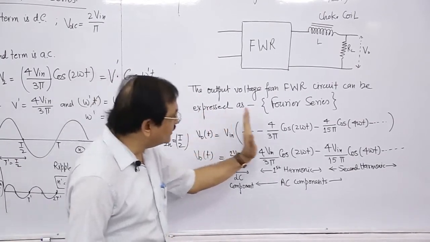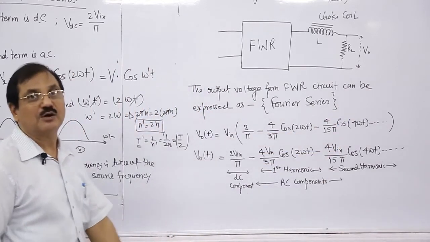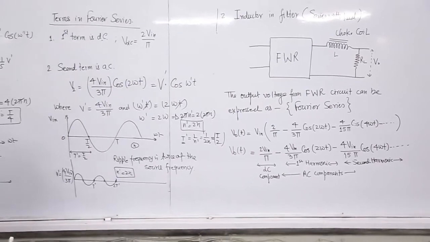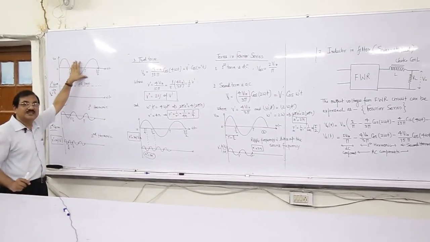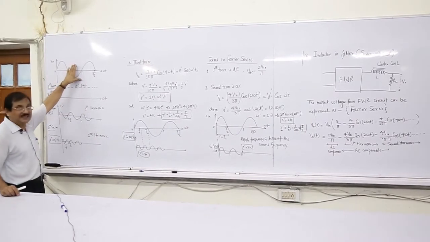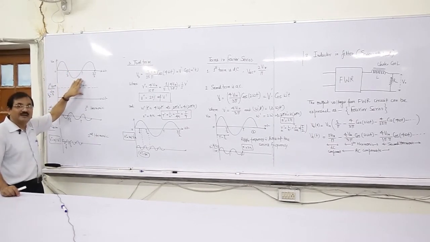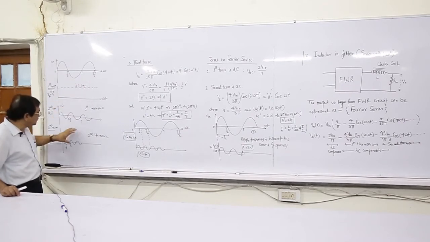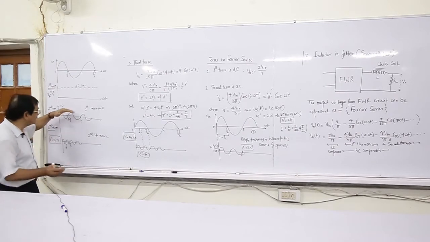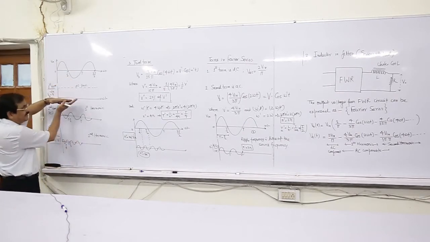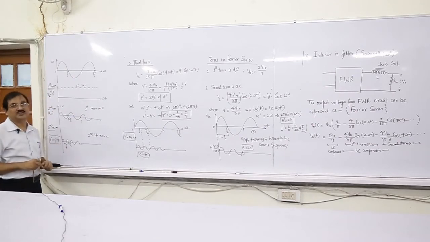So, these Fourier terms are very important in analyzing the filter circuit for the harmonics. If you want to compare, this one is the original input, here it is the DC part, and these two terms are the ripple terms. If you combine all these three, then you will get that mathematical equation.